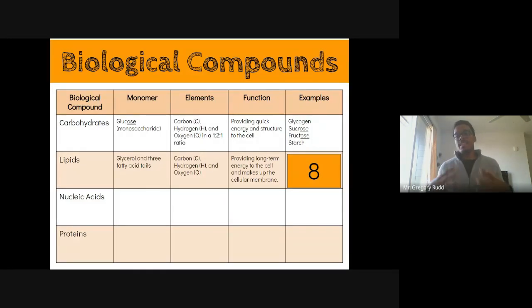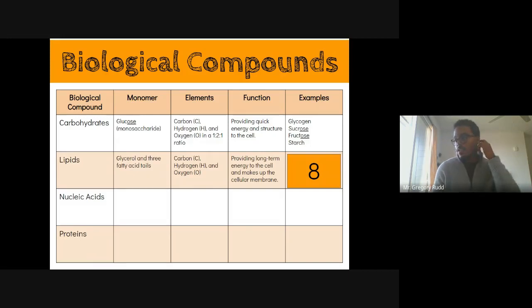So fats provide that insulation to keep heat inside of a body or inside of any system. And then again, in Unit 2, when we talk more about cells, we'll talk about the cellular membrane. Lipids make up the cell membrane as well. So that's a good thing to know.